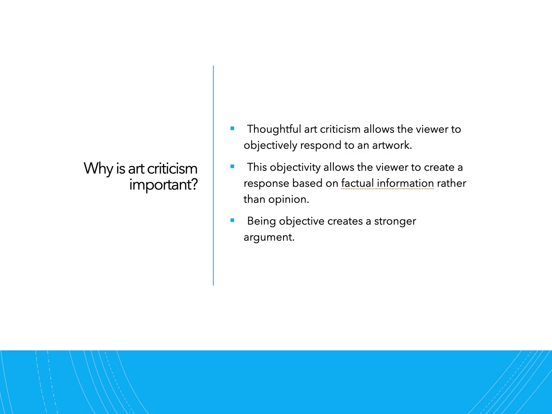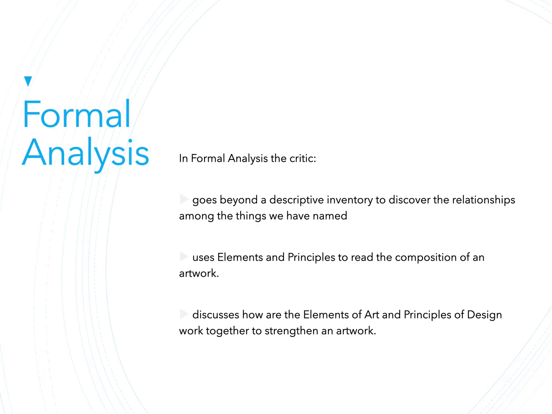So why is art criticism important? Thoughtful art criticism allows the viewer to objectively respond to an artwork. This objectivity allows the viewer to create a response based on factual information rather than opinion. Being objective creates a stronger argument. Formal analysis is essentially the critique.